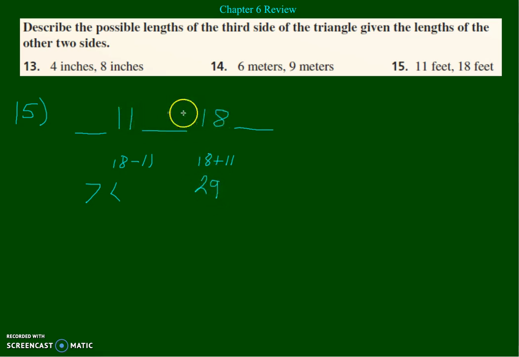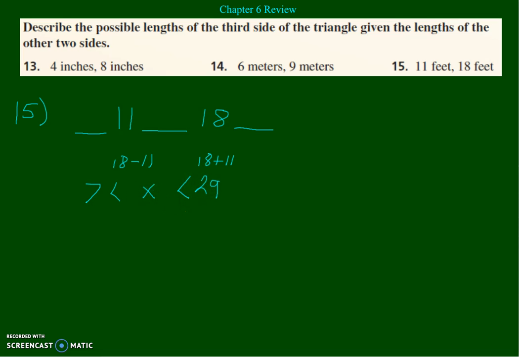So since 11 and 18 are the existing lengths of the triangle, the number we pick has to be something less than 29. So our target value can be anywhere between 7 and 29, not inclusive.